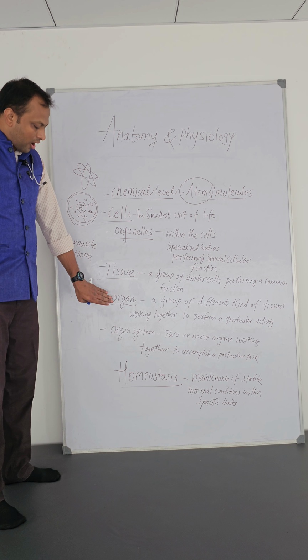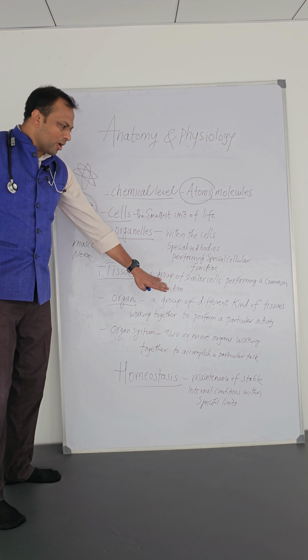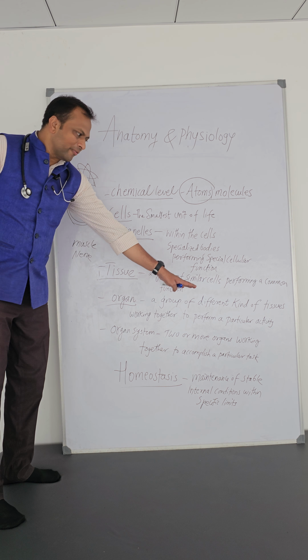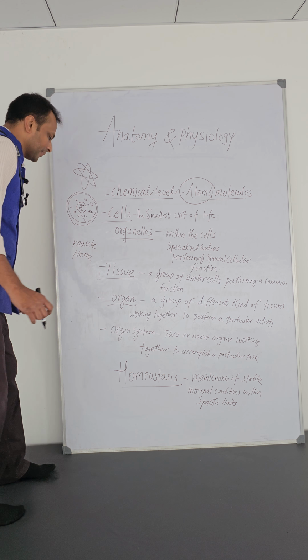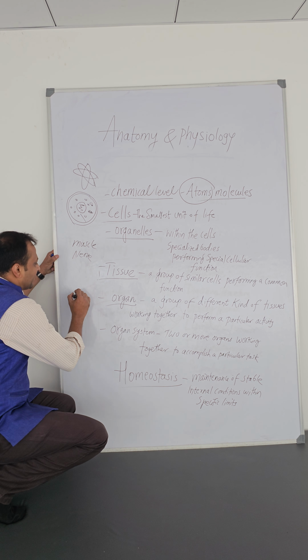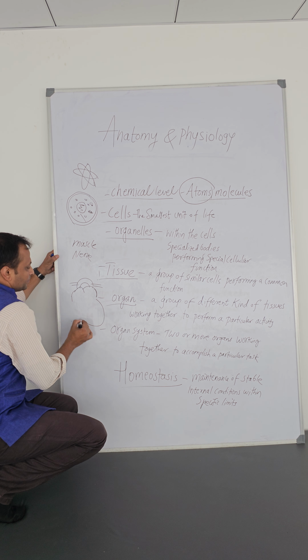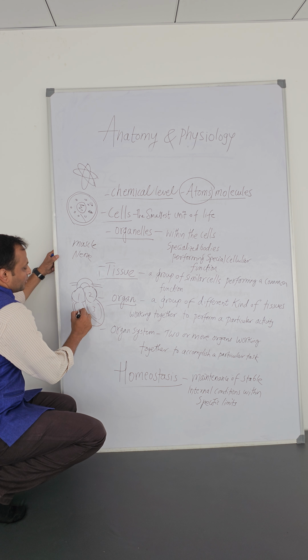And then organ: a group of different kinds of tissues working together to perform particular activities. If I give you the example of the heart, the heart has four chambers, 1, 2, 3, 4.